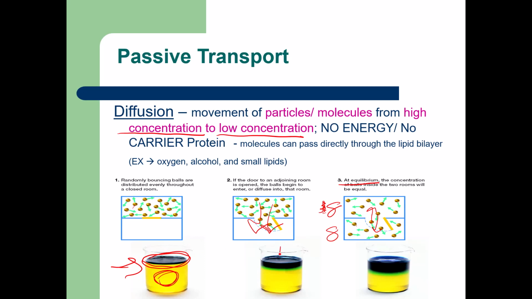So what happens is the blue starts to filter down, starts to disperse, starts to diffuse into the yellow liquid, and you've got this little green layer, and from the beginning over here on the left to the end over here on the right, we'll probably end up with some kind of greenish liquid once it's all spread out, or maybe even a dark green, depending on how strong this concentration is. Okay. No energy, no carrier proteins, no nothing is needed.